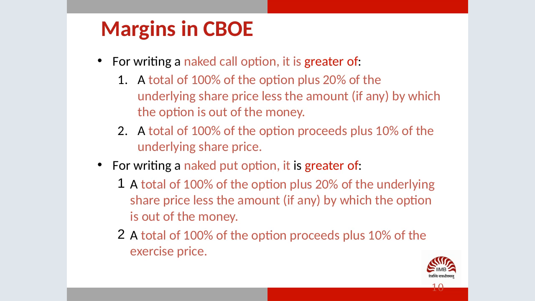The only difference is if you compare the second choice in the case of a call option and the second choice in the case of a put option. In the case of a call option, it is 10% of the underlying share price apart from everything else. In the put option, it is 10% of the strike price, obviously apart from everything else. So that is a small difference that shows up in the two scenarios.